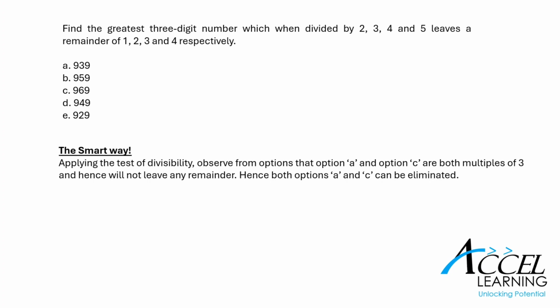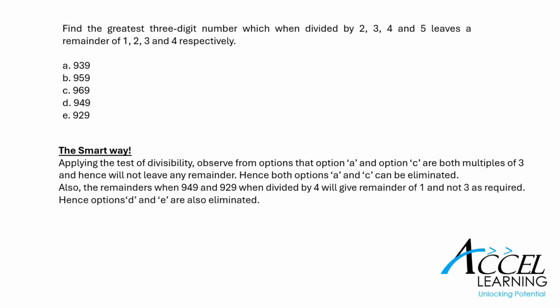Applying the test of divisibility, observe from options that option A and option C are both multiples of 3 and hence will not leave any remainder. Hence, both options A and C can be eliminated. Also, 949 and 929 when divided by 4 will give a remainder of 1 and not 3 as required.